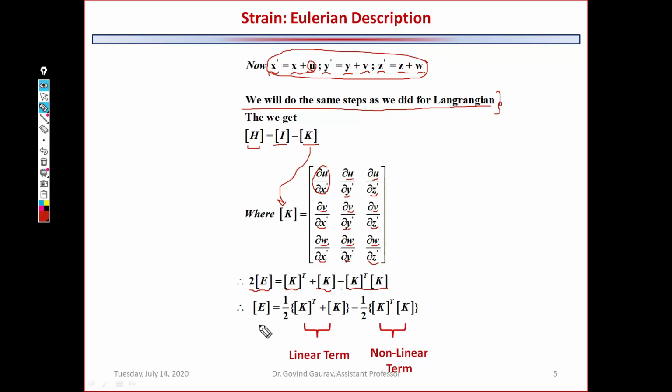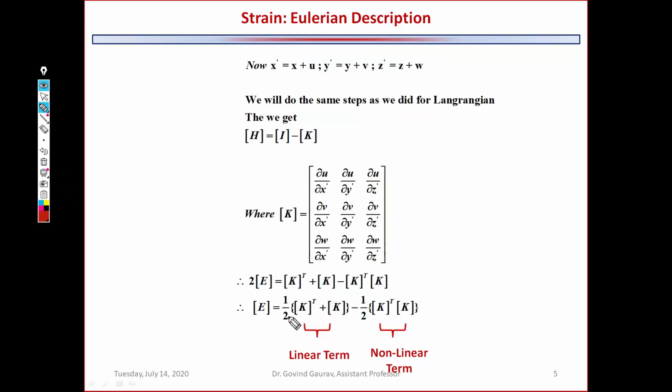So finally if we rearrange the terms, we get the Eulerian description of the strain as 1 by 2 k transpose plus k minus 1 by 2 multiplied by k transpose k. In this case k transpose plus k is the linear term, and k transpose multiplied by k is the non-linear term.